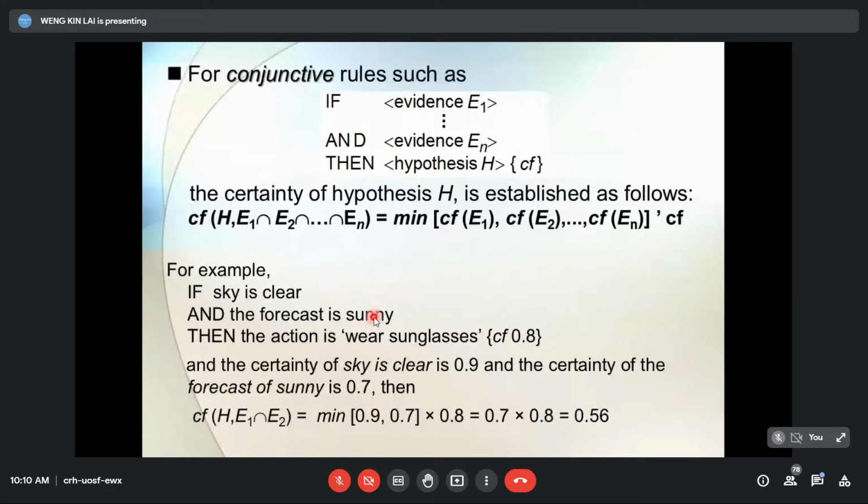Actually, they are just forecasting, estimating, so obviously it is not 0.9 anymore. It's lesser than that because you are predicting. Whereas for the first one, the evidence is very clear in the sense that the sensors can detect that the sky is clear, so there it is 0.9, whereas for the forecast, it's only 0.7.